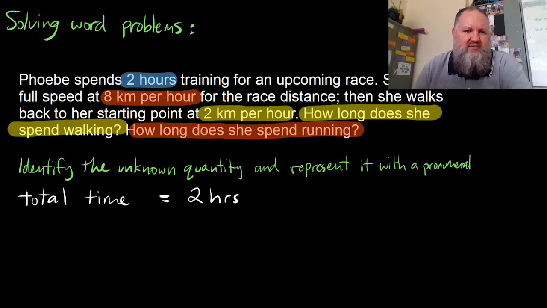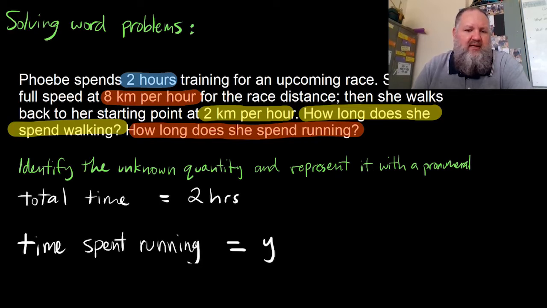So I'm going to start with what she did first, the time that she spent running. So how long did she spend running? Well, we don't actually know. We're just going to call that Y. I could have called it X, could have called it F, whatever. What you call it doesn't really matter. It's your choice.